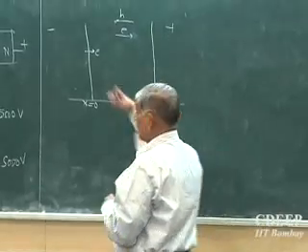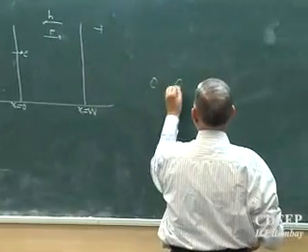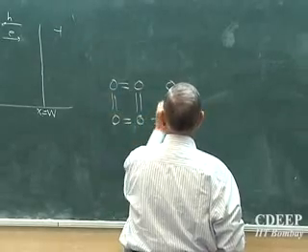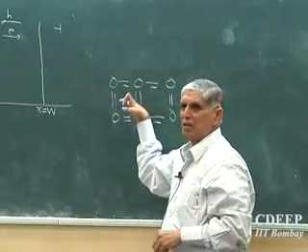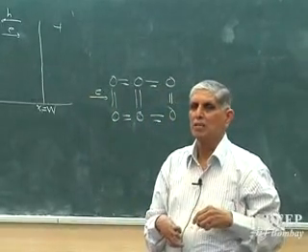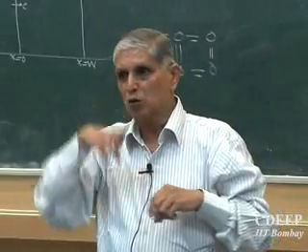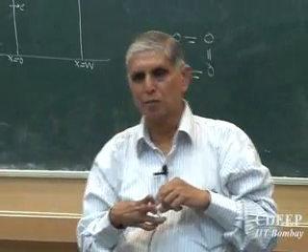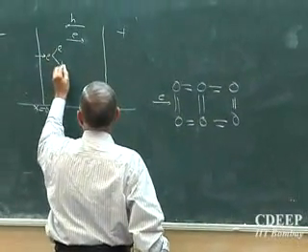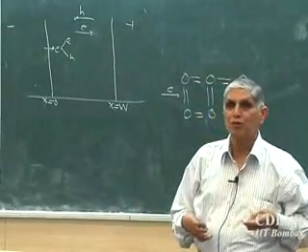Now if this electron becomes energetic enough, and if you see your silicon covalent bonding, and the electron is coming with high energy, it may actually hit a bond and break it. And if it breaks a bond, it will create one electron-hole pair.